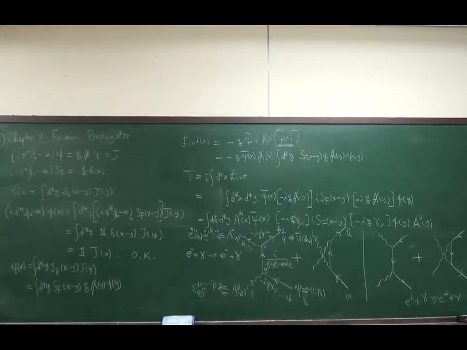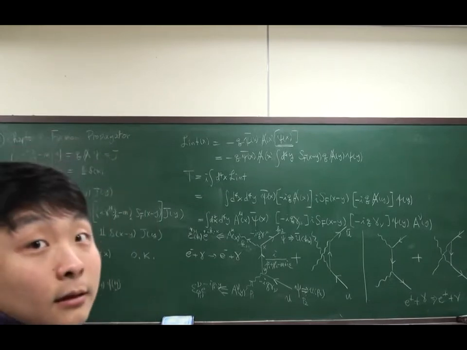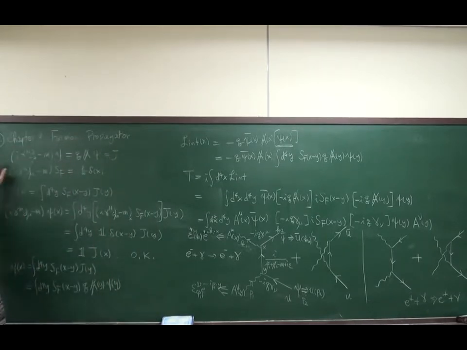Okay, let us study the Fermion Propagator. In the previous class, we derived the equation of motion for a spin 1/2 particle under electromagnetic interaction, expressed like that.